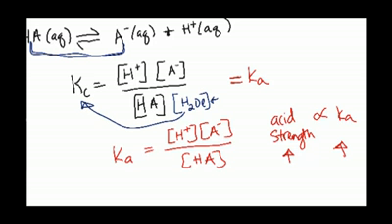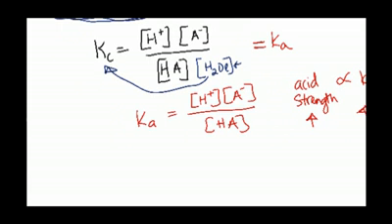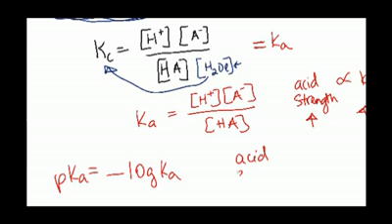Then there's also something called the pKa. If you take the negative log of the Ka, you get the pKa. It's also an index, but these are inversely proportional. So acid strength is proportional to the inverse of the pKa.